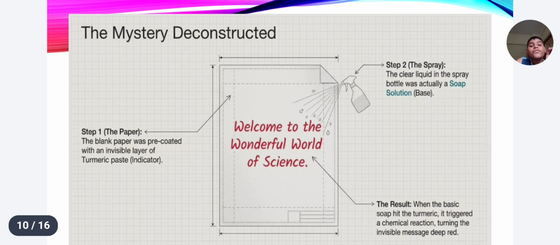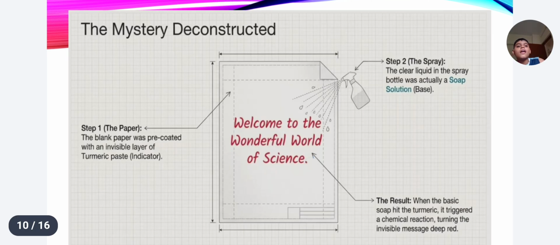From this only, this starting thing, the chapter was started. Do you remember there was a science fair? Yes or no? So the mystery detected. What is the step one? The paper. The blank paper was pre-coated with an invisible layer of turmeric paste indicator.